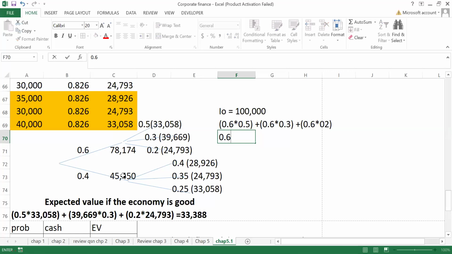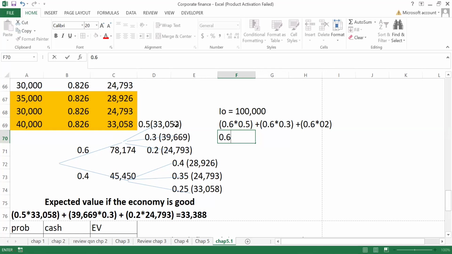You are looking for the probability of having a positive NPV. Take the cash flows of the first year, which is 78, and add the cash flows of the second year where the probability is 0.5.